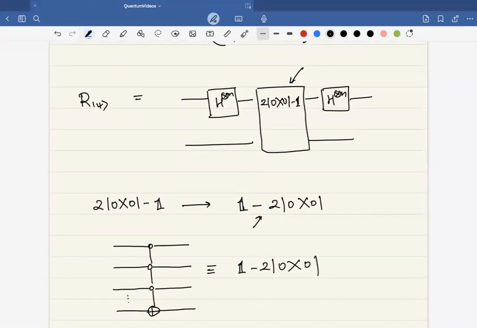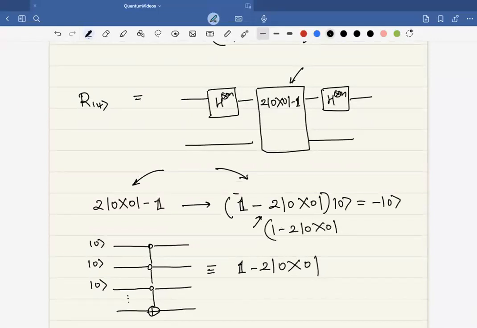What happens over here if the input is 0? So what does this do? If the input is 0, it goes to minus 0, and any other input goes to itself, right? So 1 minus 2 times the projector on 0: k goes to k.